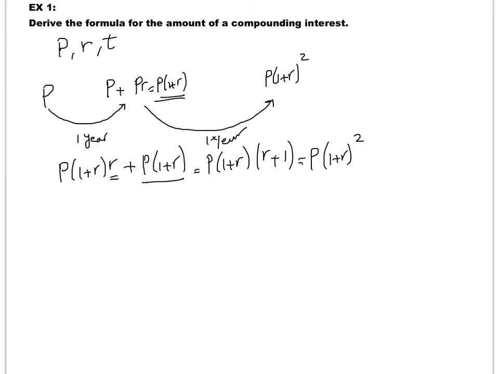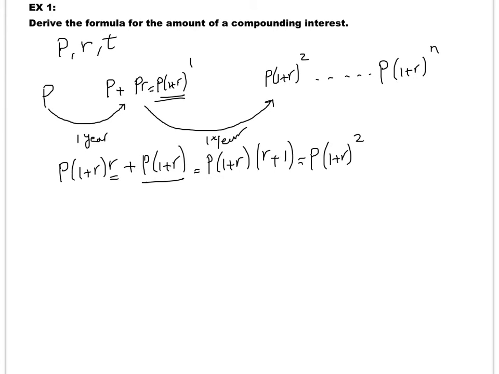If you look at this one, you can see that the pattern after 1 year is P times 1 plus R exponent 1. After 2 years is P times 1 plus R exponent 2. So you can guess exactly what is going to happen after n years, which is P times 1 plus R exponent n. Now, remember here n was in years because your compounding interest was R annually.